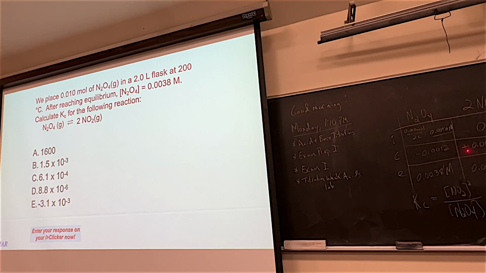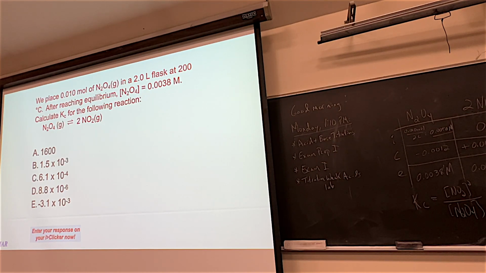So this one's going to be positive here because as this was used up, we made more NO2. But it's not as simple as 1-to-1 because one N2O4 makes two NO2s. So if we used up 0.0012, that means we're going to have twice that amount of NO2 being made. So I multiplied the positive version of this by 2 to figure out that there's 2 NO2s for every N2O4. So at equilibrium, we've got 0.0024 for the NO2 and 0.0038 for the N2O4.